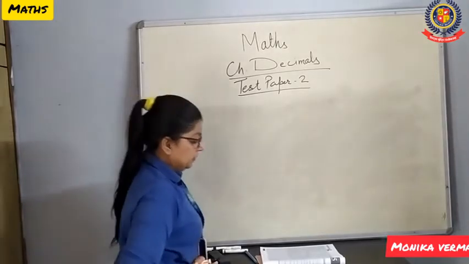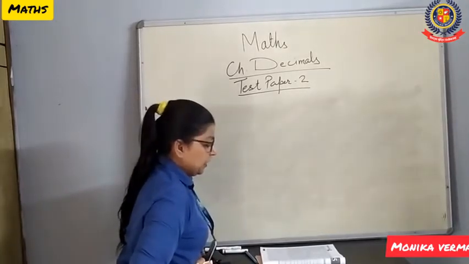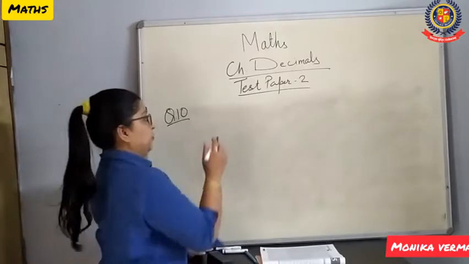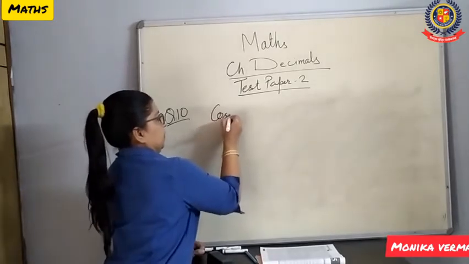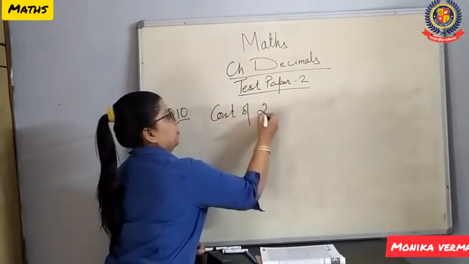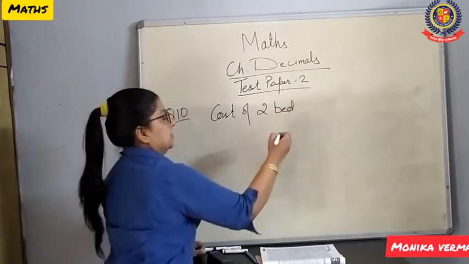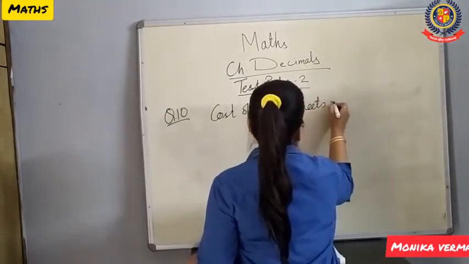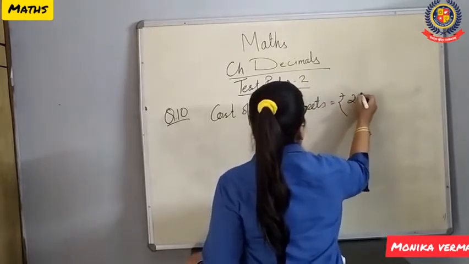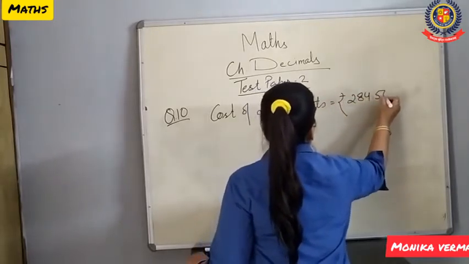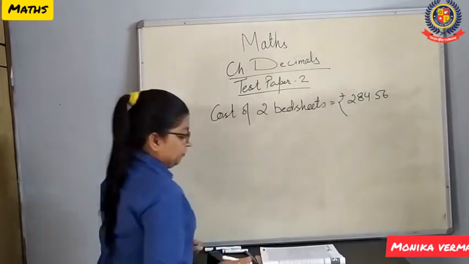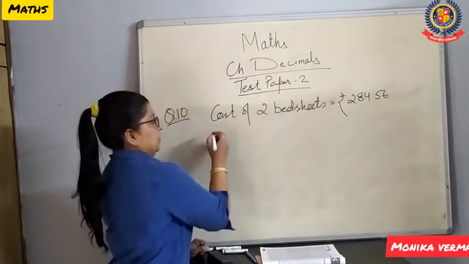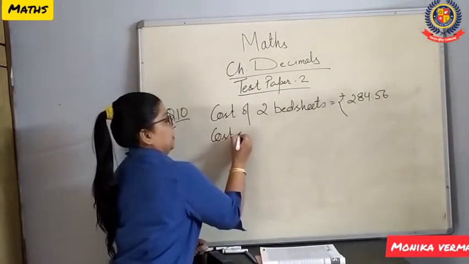Question number 10. The cost of 2 bed sheets is rupees 284.56. And we have to find the cost of 5 bed sheets. So first we will find for 1.